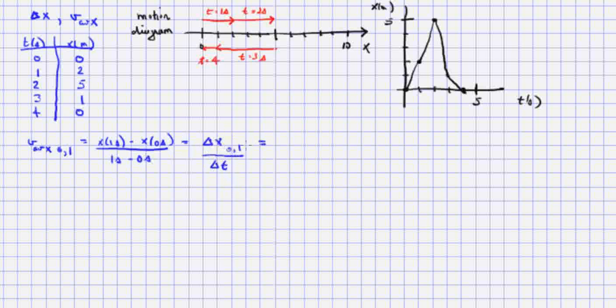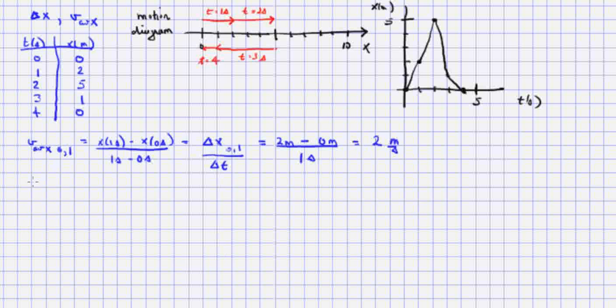And so from the table here, that's going to be x of 1, which is 2, going back to this formula, minus position x of 0 at time 0, which is 0 meters, and then the time elapsed here is 1 second. And so the average velocity in the x direction over the time interval 0 to 1 is 2 meters per second.